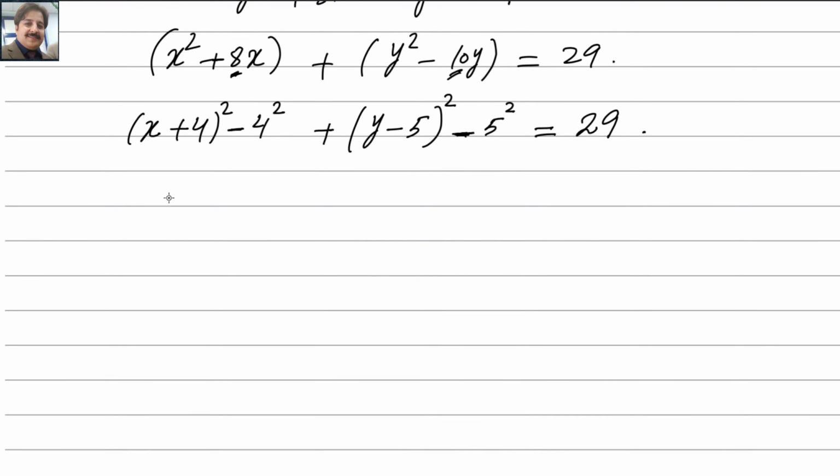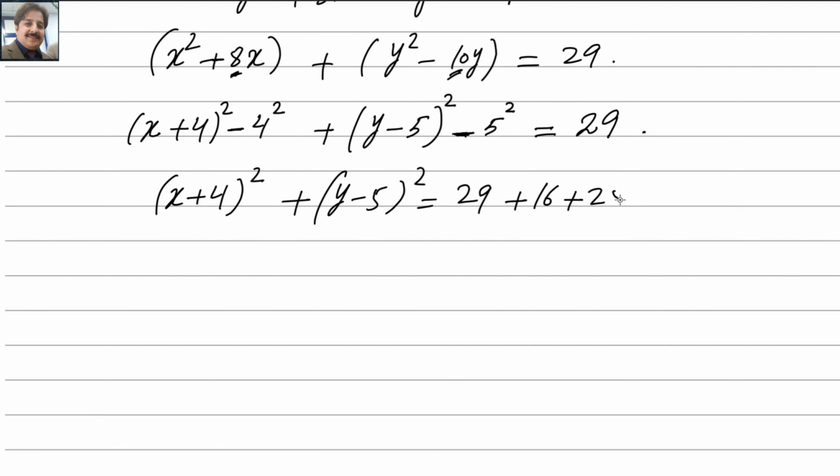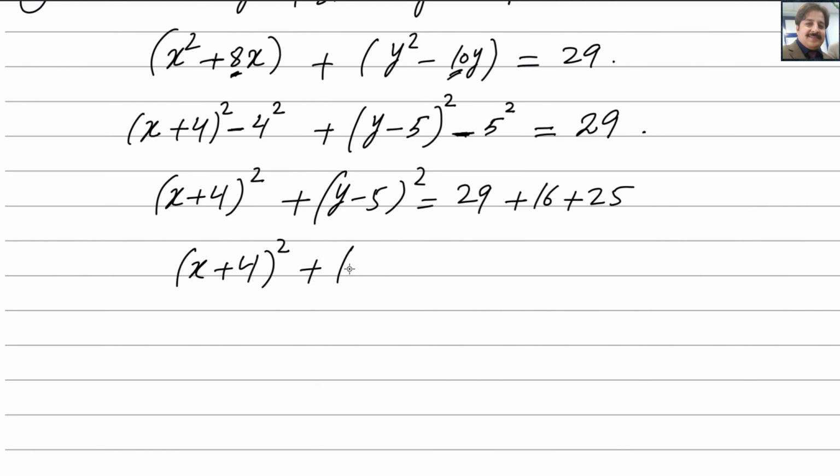Now simplifying, it will be x plus 4 whole square, and this 16 and 25 goes to the right side, so it becomes y square, and this is equals to 29, and this minus 4 square becomes positive 16, and this minus 5 square becomes positive 25 to the right side. And finally we get answer here, x plus 4 whole square plus y minus 5 whole square is equals to 70.